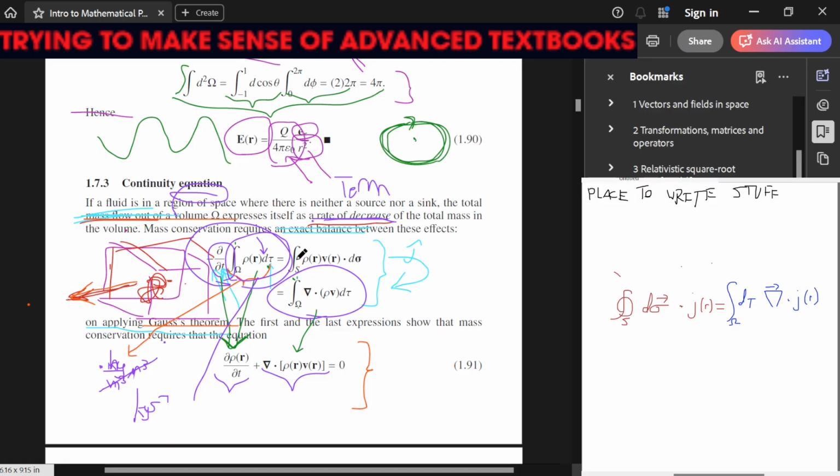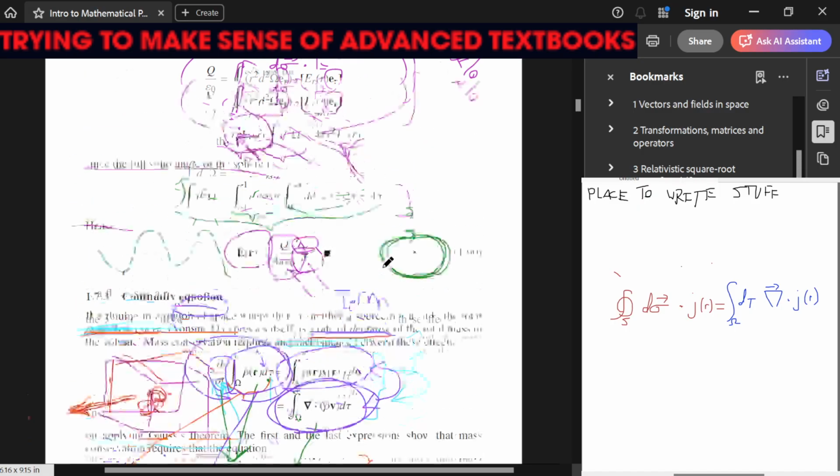And we are equating it to the total mass flow out of volume, which is, did we change this to this from earlier?